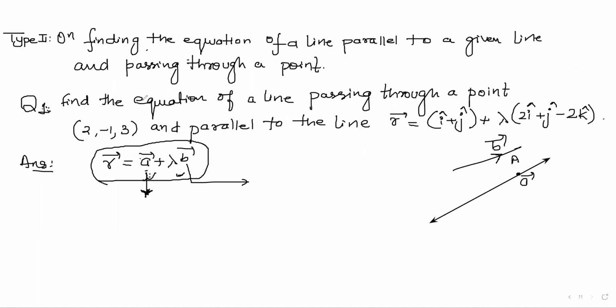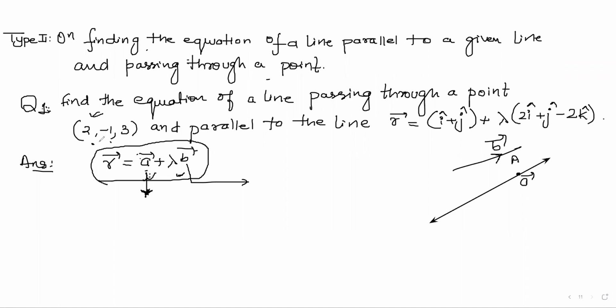Okay, now we need to find the equation of a line which is passing through this point. If we have to find the equation, then what is this? Is this A or B? A, sir.